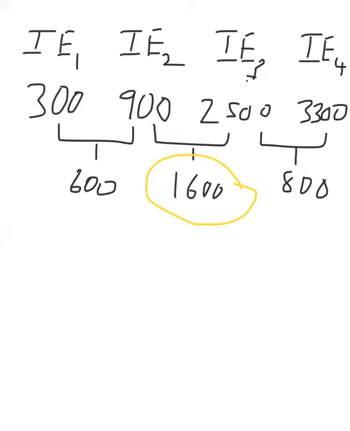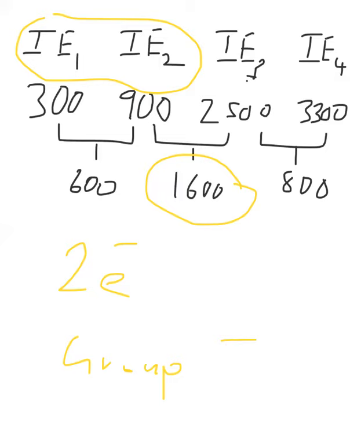So this means that the first two ionization energies are for the outermost shell. That means that the outermost shell has 2 electrons. And if the outermost shell has 2 electrons, that means that the element is from group 2. So 2 electrons in outermost shell and group number 2.